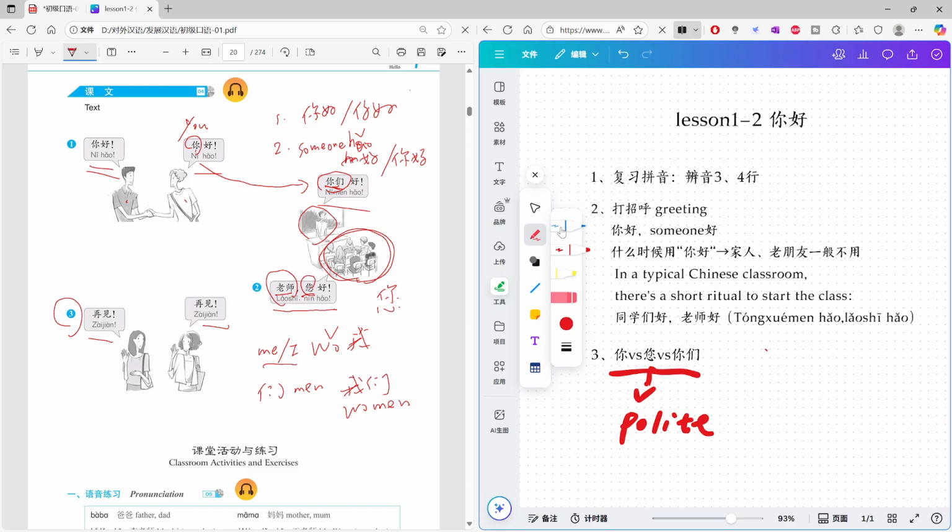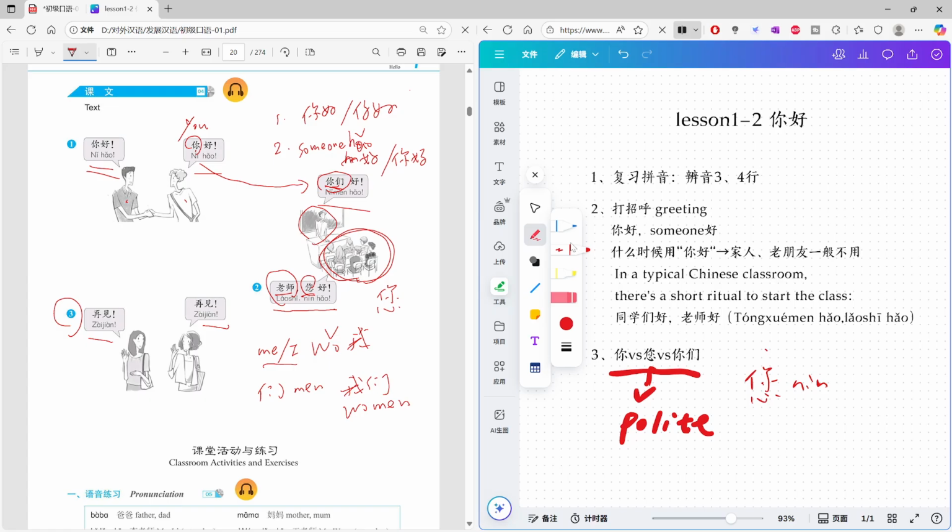Or show your politeness, in these situations we use 您. Okay, we use 您. 比如说, you go to a restaurant, the waiter or waitress usually will say 您好, because you are the guest, they want to be polite because you will pay the money, right?